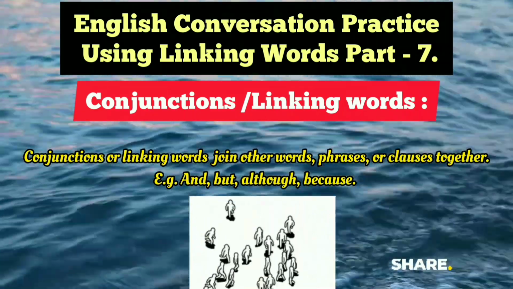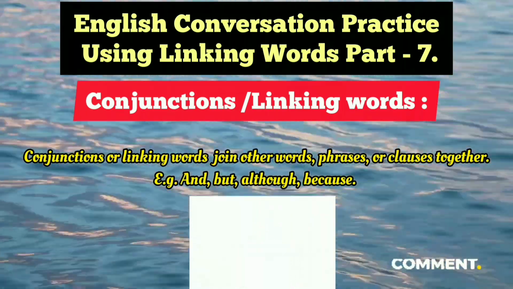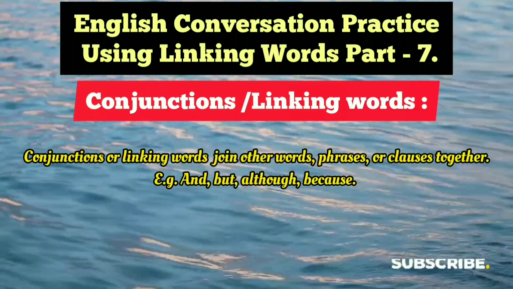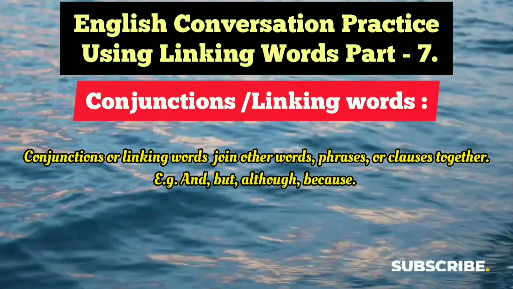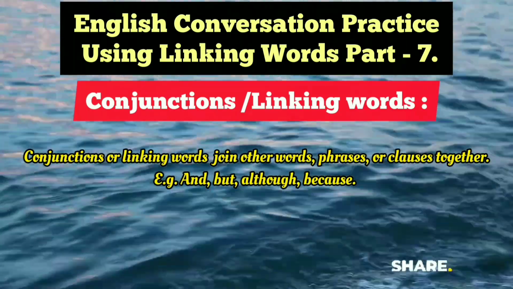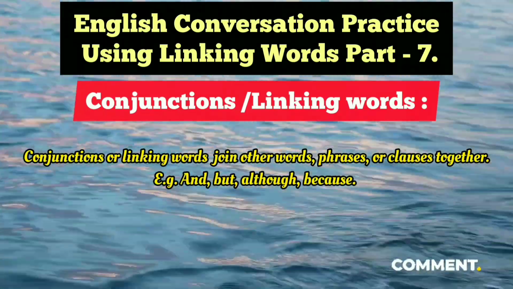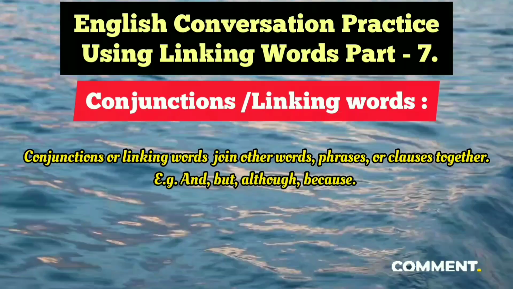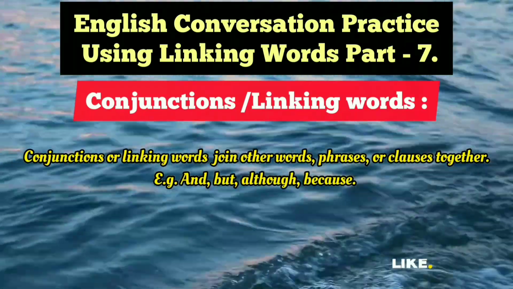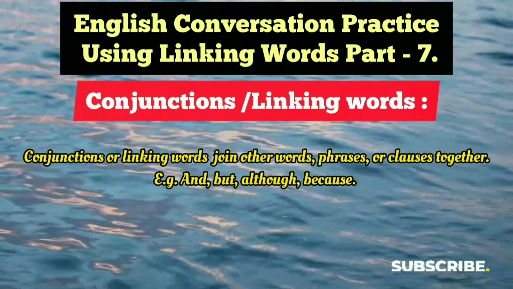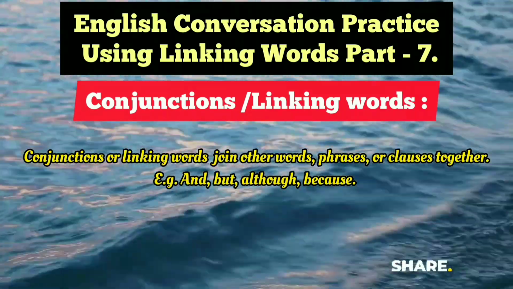We have to join the sentences so that we can use them effectively in speaking as well as writing. So these words help us to join different sentences, phrases, words and clauses together and make it one. I'm quite sure it's crystal clear. As you see, examples of conjunctions are and, but, although, because.